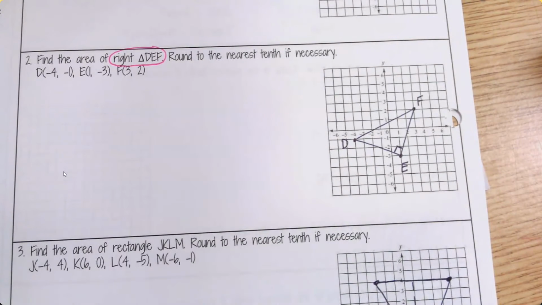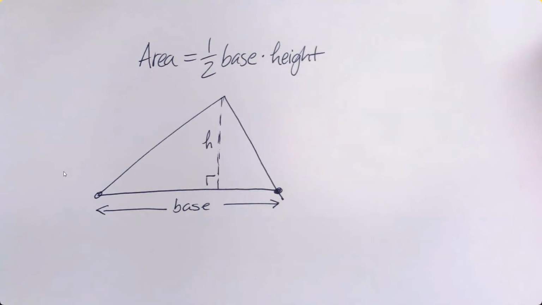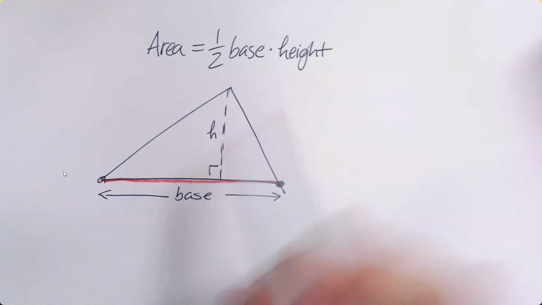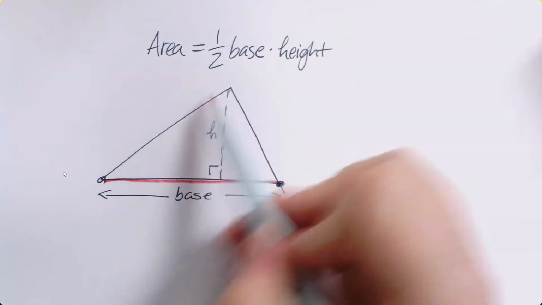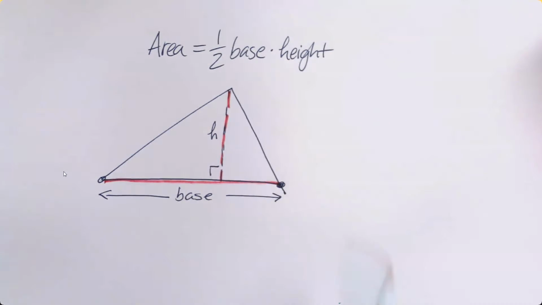All right, so now that we've established that, that's going to make finding the area a lot easier. Because the area of a triangle is 1/2 base times height, right? The main criteria is that your base has to be one side of the triangle, any side. It doesn't have to be the bottom. It could be this side here or this side here. And the height just has to be perpendicular to that.